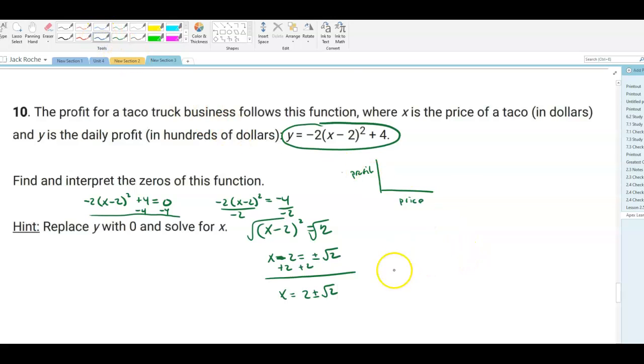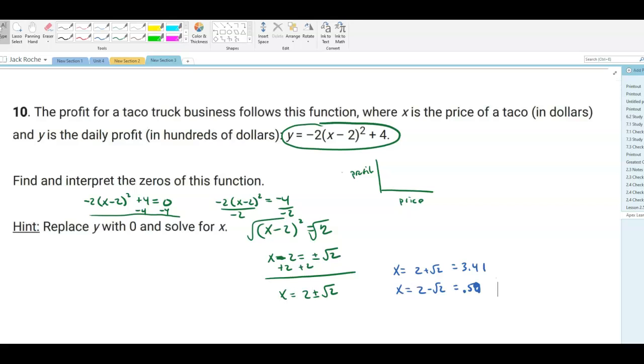So what this means is if we take each of these solutions, 2 plus the square root of 2, and the other one is 2 minus the square root of 2, 2 plus the square root of 2 is $3.41, and the other one, 2 minus the square root of 2, is 0.59, sorry.